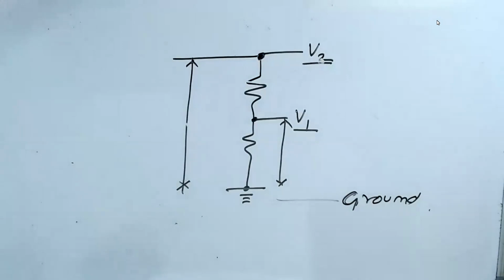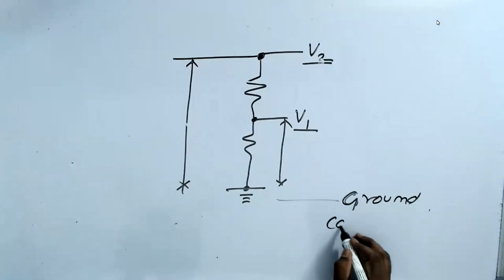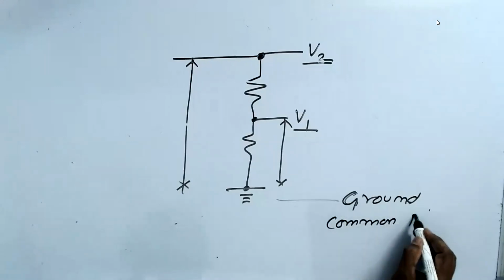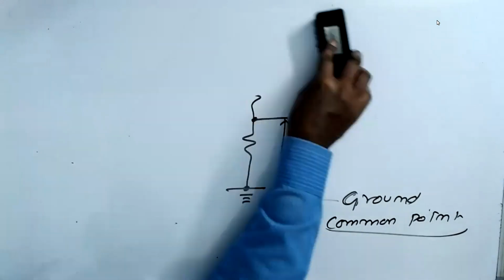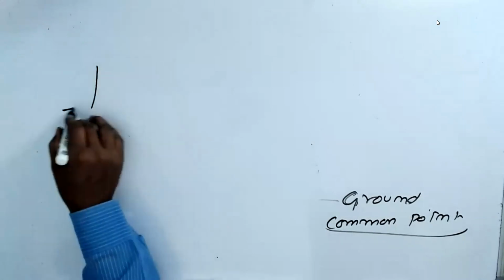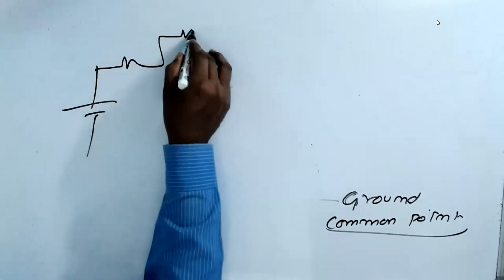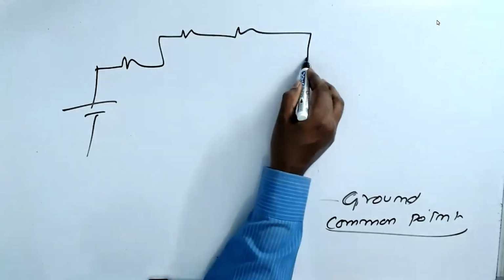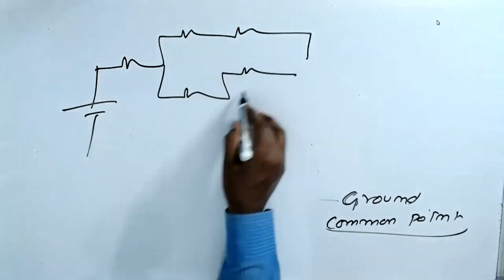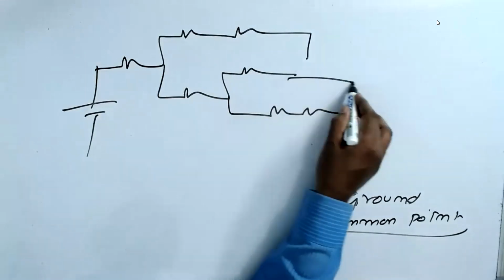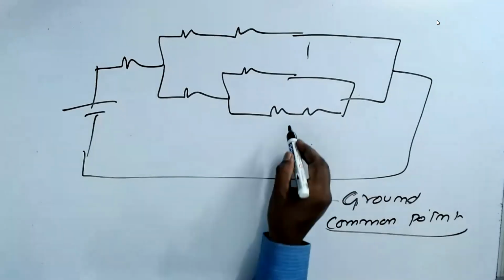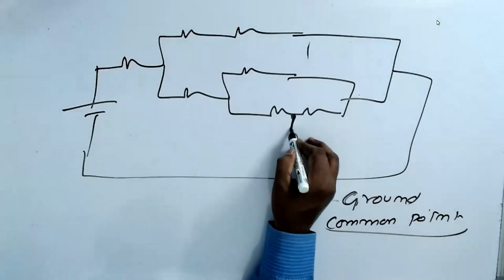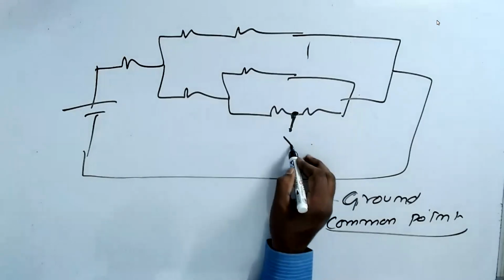Understand that. This has to be understood very clearly. Ground is called the common point, common for everybody. I may be having a very big circuit. If we ask you here, what is the voltage at point X?